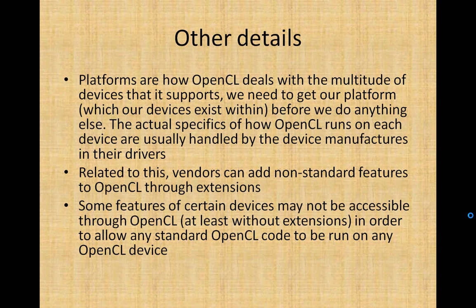The reason they need to do this is because a specific version of OpenCL will basically have a flat feature set just so it can work across every single device. It's supposed to, at least in theory, be completely portable across every device that runs that version of OpenCL. So because of that, some features that may be accessible on certain devices through extensions won't be able to run on every device, but because of that, it maintains its portability.